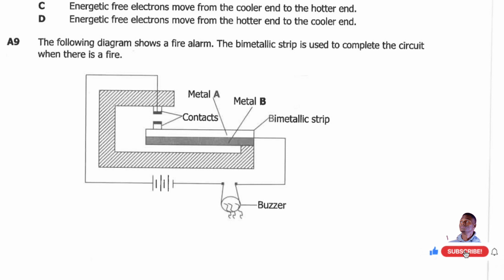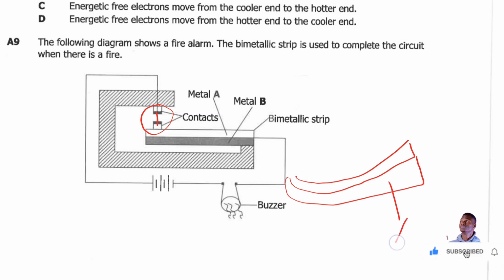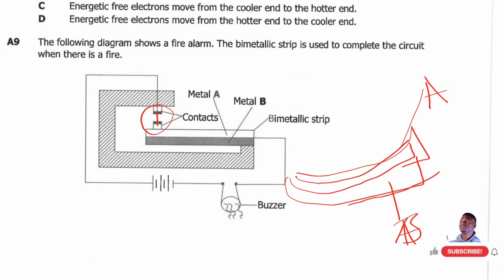Listen. You have the issue of point of contact here. When they come into contact, that's when the alarm goes off. Okay, it rings. Now, it is like this. When something burns, you have metal A here, then this one metal B. For it to cause the bending here, what causes the bending? Is it metal A or metal B?